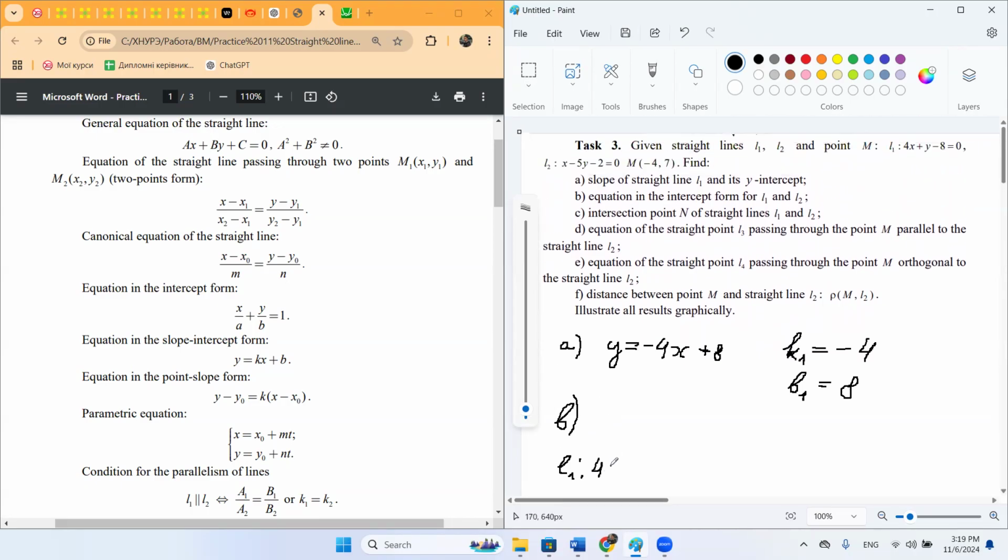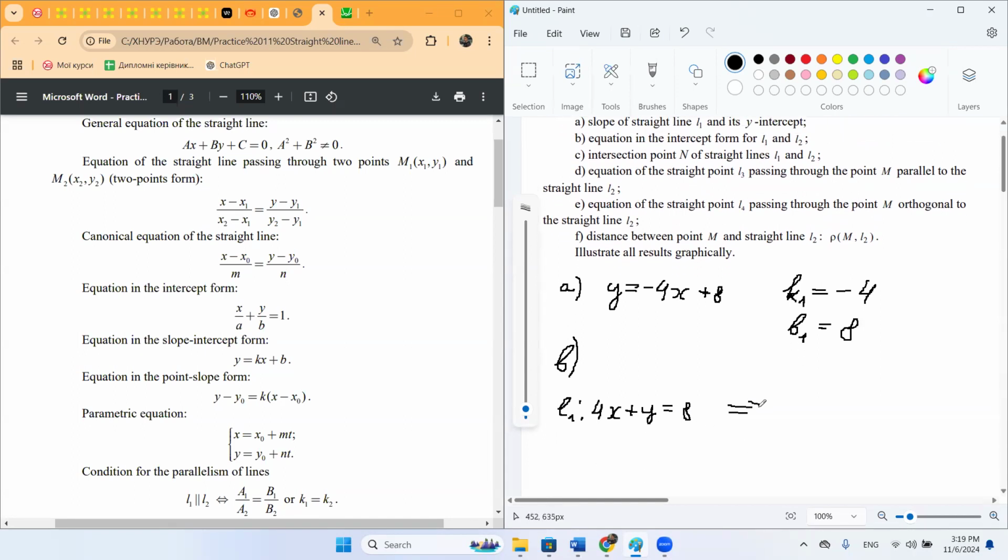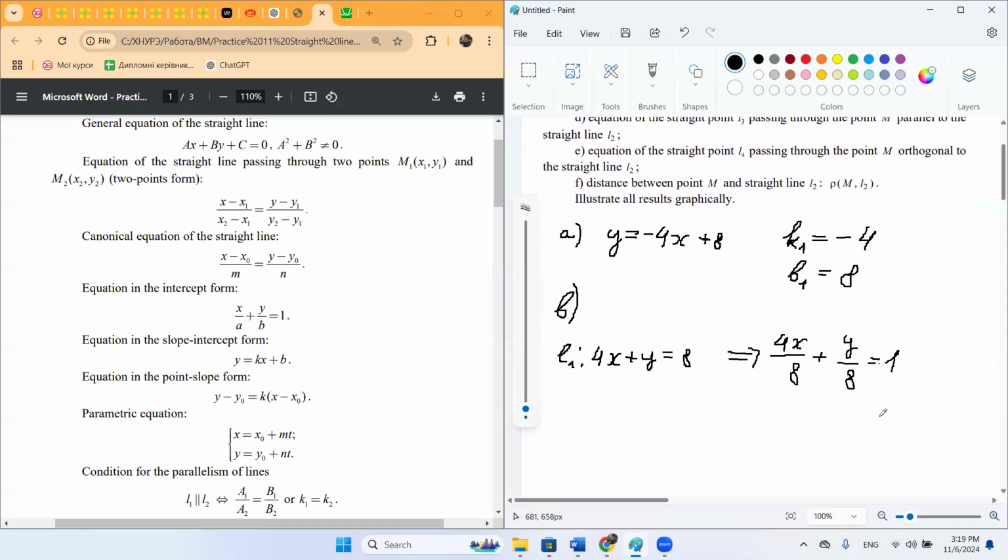So 4x plus y divided by 8. So then 4x by 8 plus y by 8 equals 1.